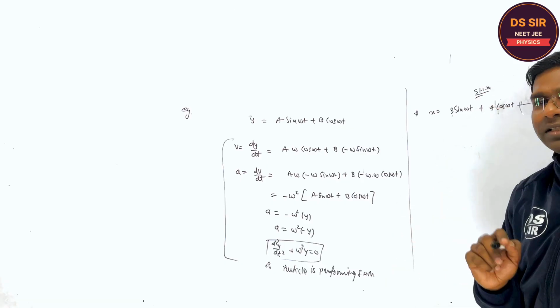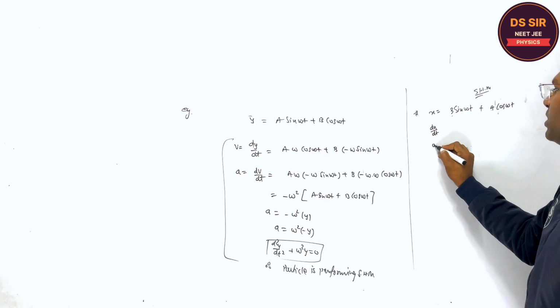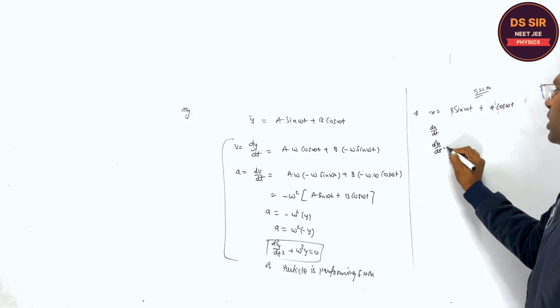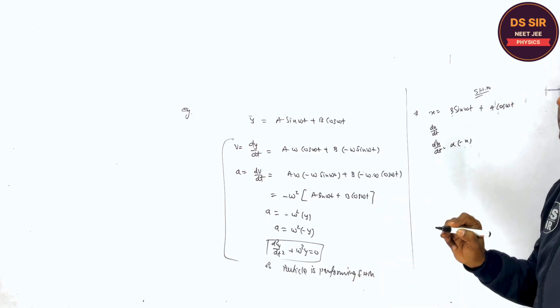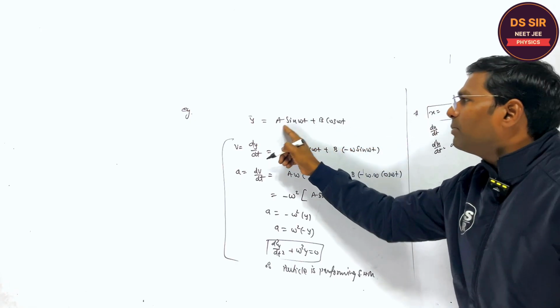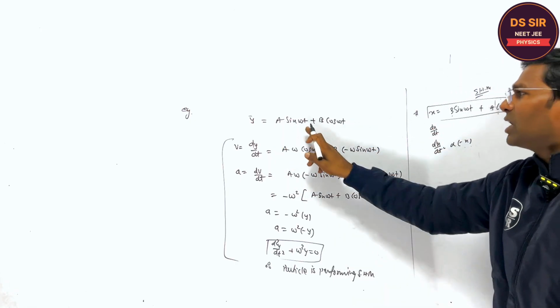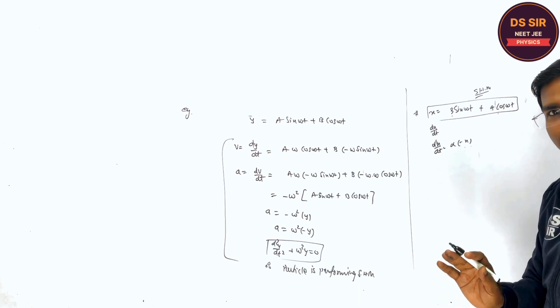How would you prove this is SHM? Find dx upon dt, find d square x upon dt square, and then you will find it is minus x. Therefore, you will remember that this type of expression written in sin omega t and cos omega t is SHM. Is it clear or not?